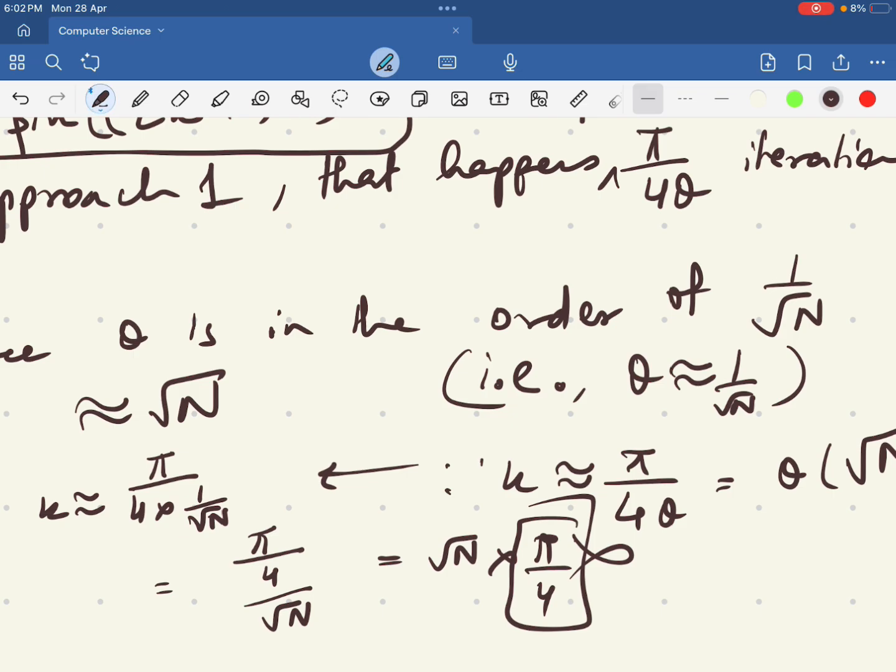In time complexity we don't count these, they get eliminated, so the time complexity becomes big O of root N.